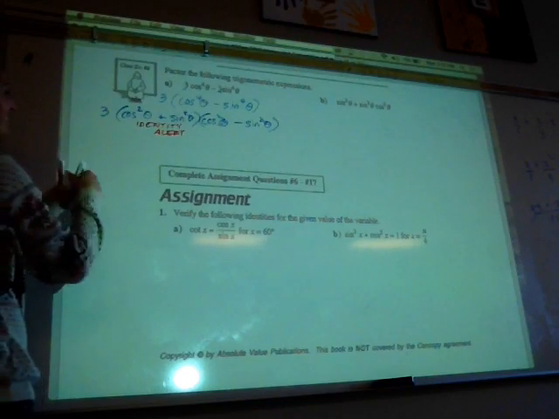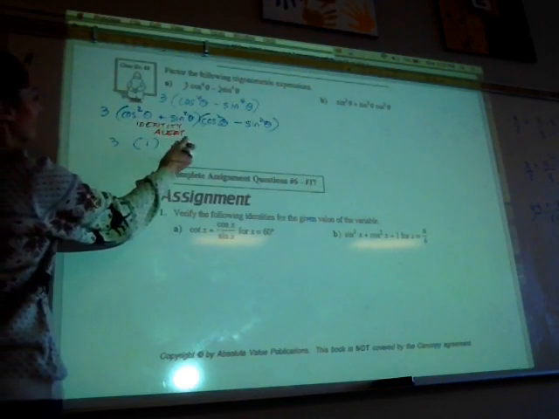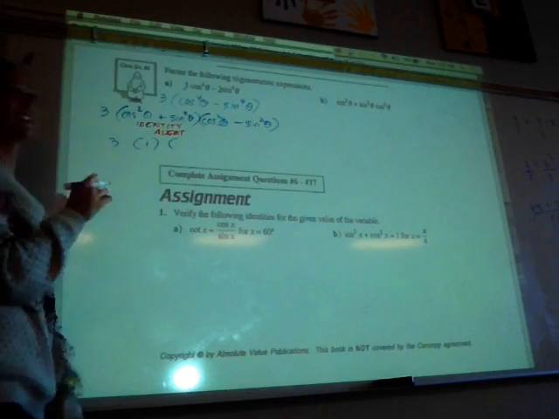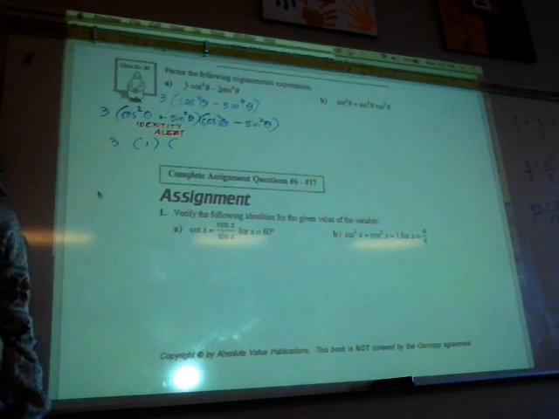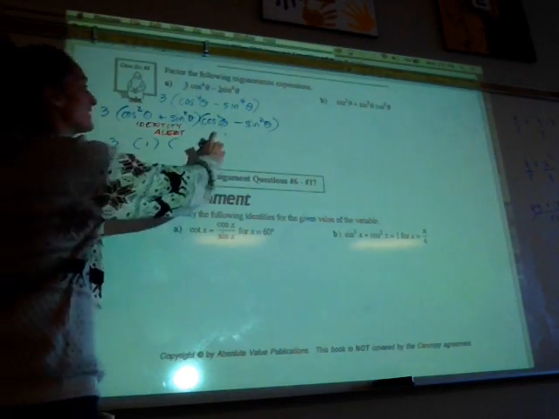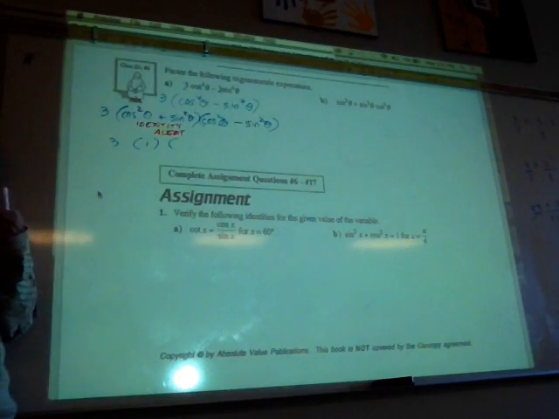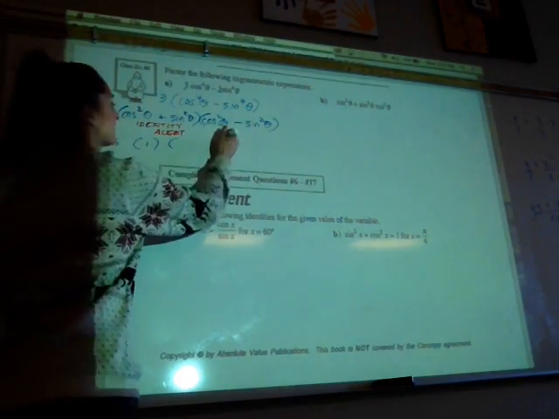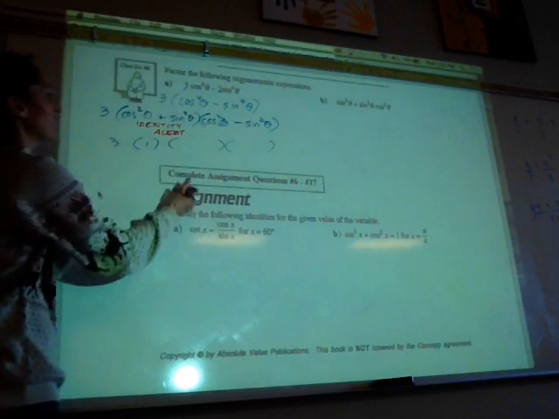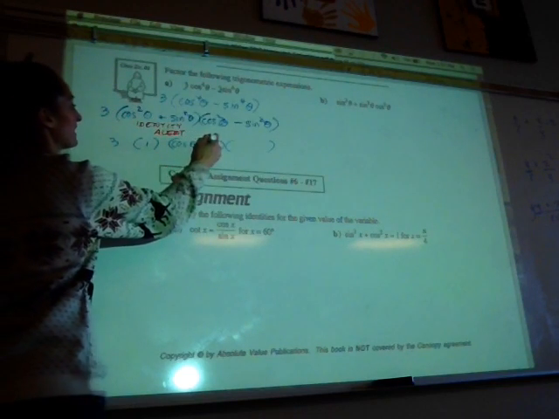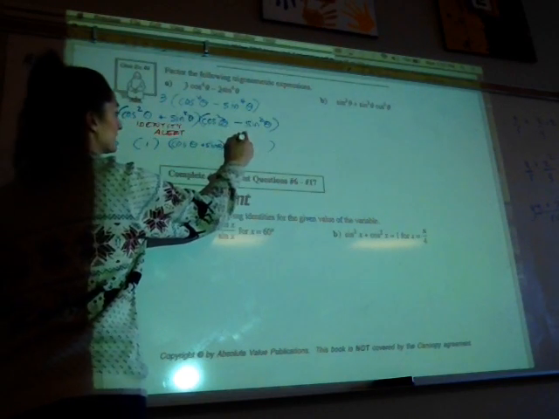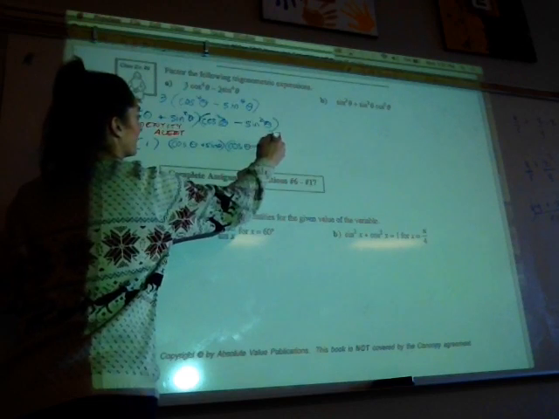So now we have 3 times 1 times cosine theta squared minus sine theta squared. But do we still have a difference of squares? Yeah, so we can break down into conjugates one more time. We'll get cosine theta plus sine theta and cosine theta minus sine theta.